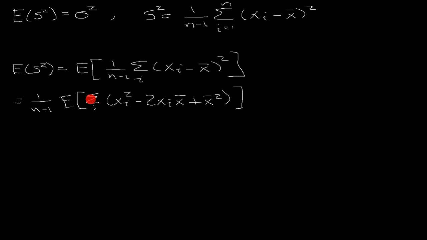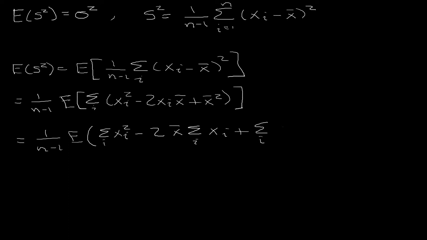Now we have this sum of these terms, but we can split this sum into 3 sums. Let me show you how to split it. The expected value of the sum of xi squared minus this, plus the sum of x bar squared.